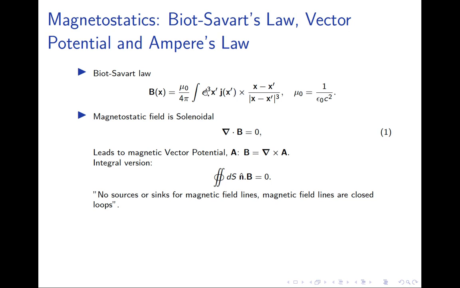And you can check again, by now you are more or less experts in vector calculus. You can use the index notation and the Levi-Civita tensor to find out the divergence of this quantity. Levi-Civita you can use to write down this cross product, and then you'll be able to show that indeed the divergence of B vanishes.